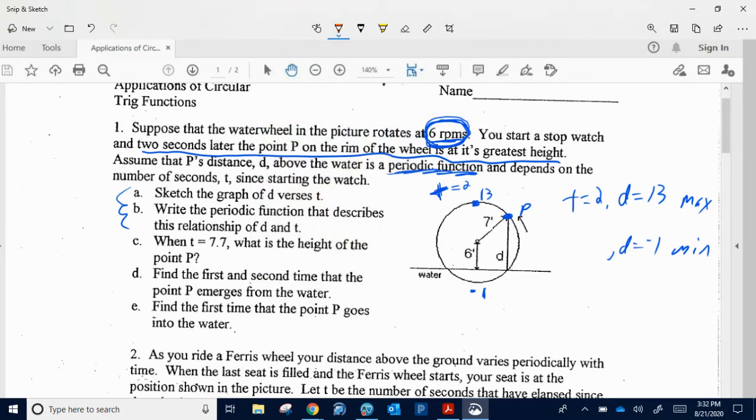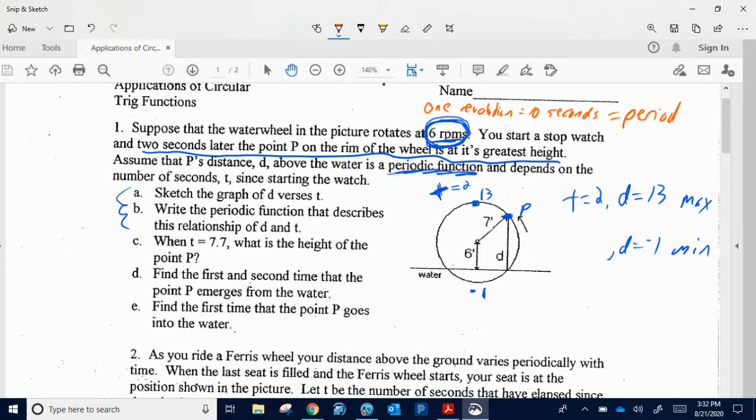If we do 6 revolutions in a minute, that means we're doing 6 revolutions every 60 seconds. 1 revolution will be 10 seconds. 6 times in a minute means 1 time in 10 seconds. So our period is 10.